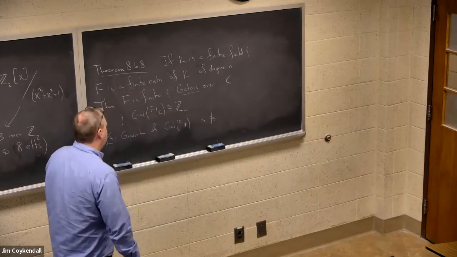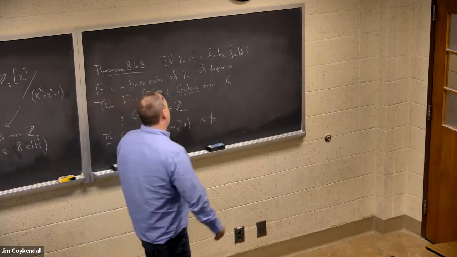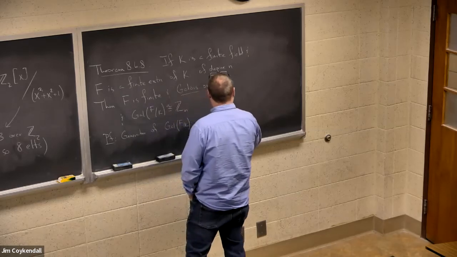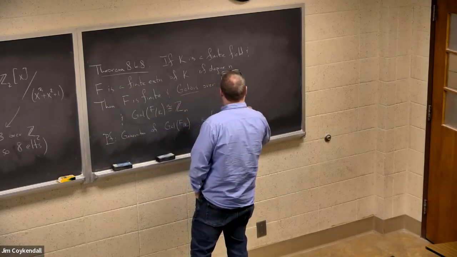The generator of the Galois group of F over K is a power of Frobenius.